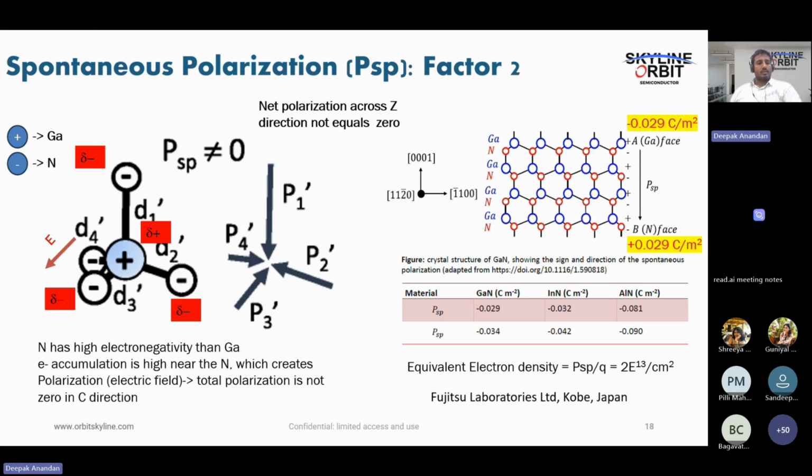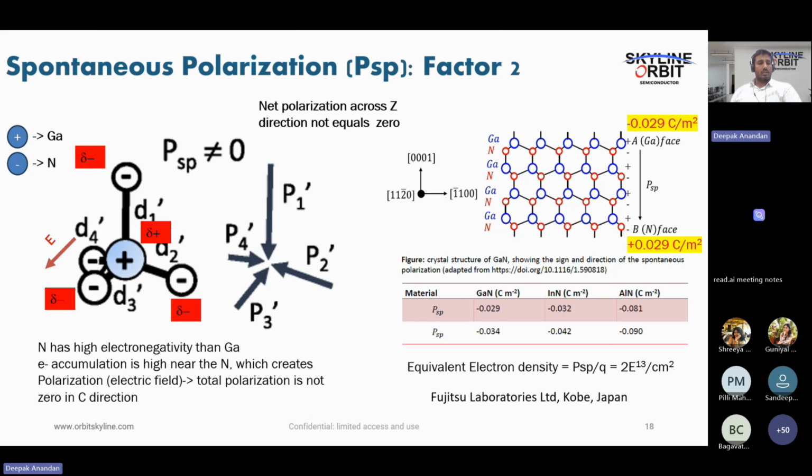The factor is this: when you see the left-hand side figure, consider this is gallium, and gallium has 4 different nitrogen bondings. Four atoms are bonded with the gallium. When you have this kind of structure, the electron cloud distribution is not symmetric.